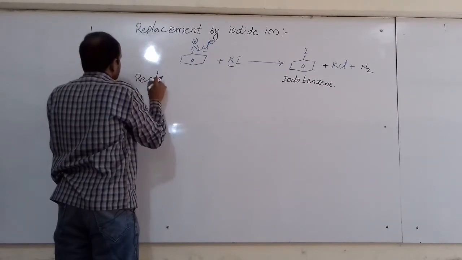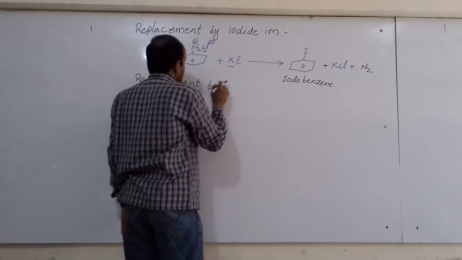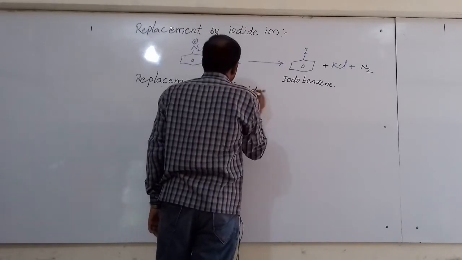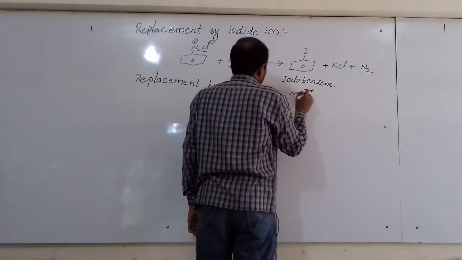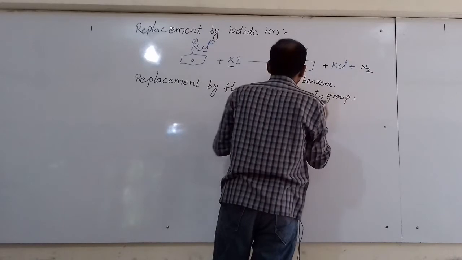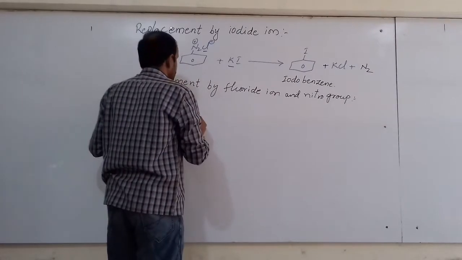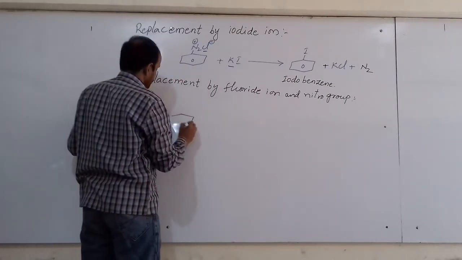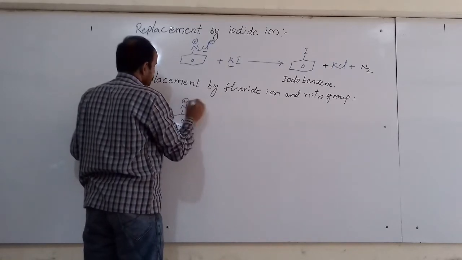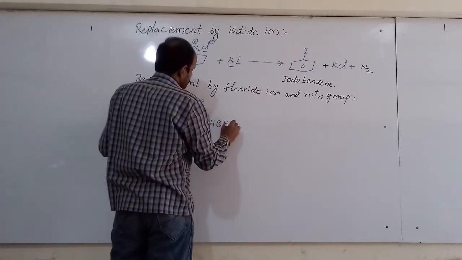Next reaction, replacement of the diazo group by fluoride ion or nitro group. In these reactions, take benzene diazonium chloride, which reacts with HBF4.